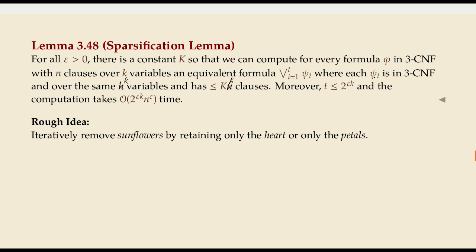So each of these psi's is small in the sense that it only has a linear number of clauses. But we can have up to 2 to the epsilon times k many such parts of the formula, and this is essentially needed to be equivalent. And hence the computation to produce these formulas must of course take at least this time, and it's essentially this.